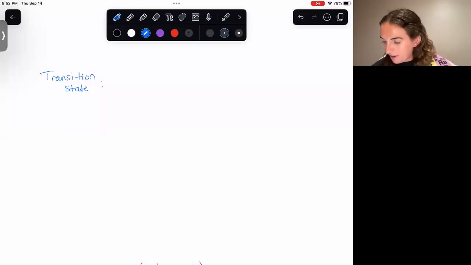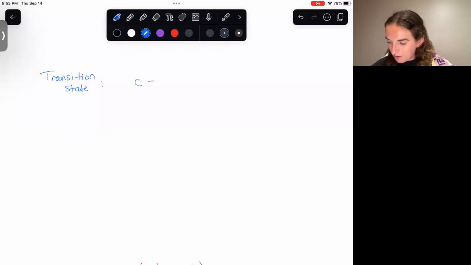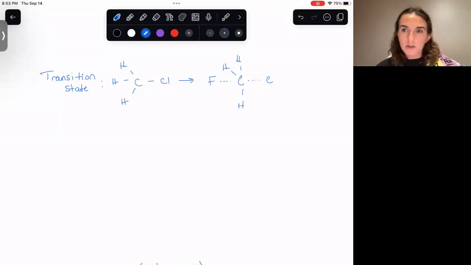Yep. A lot of the time we look at your tetrahedral shape changing the way that it is positioned. So we'll see carbon here, then a chlorine, and then hydrogens like this. Your transition state is the point where another molecule has some bond with the carbon and some bond with the chlorine, and also full bonds with the hydrogens, because those are going to stay.